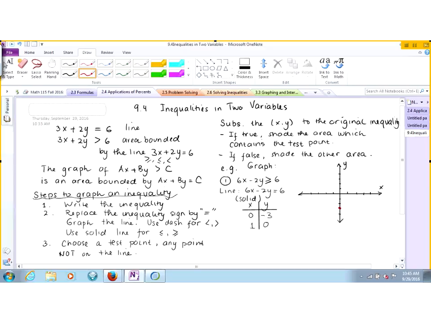So 0, negative 3 is right here. And then 1, 0 is right here. All right. And then I'm going to draw a line. Oh, you know, I can never move it correctly, so let me not use it. Let me just draw it using my hand.